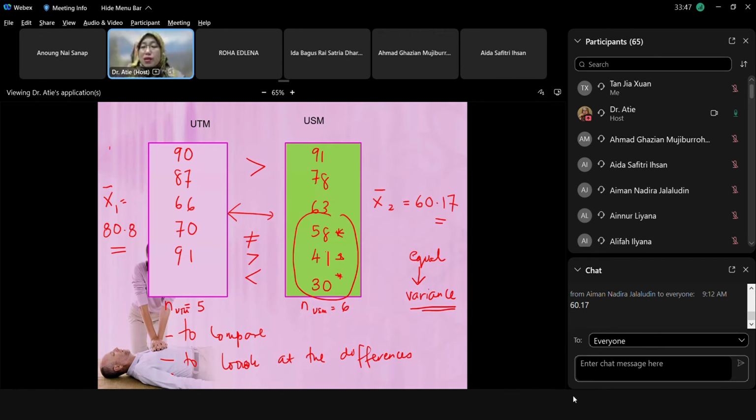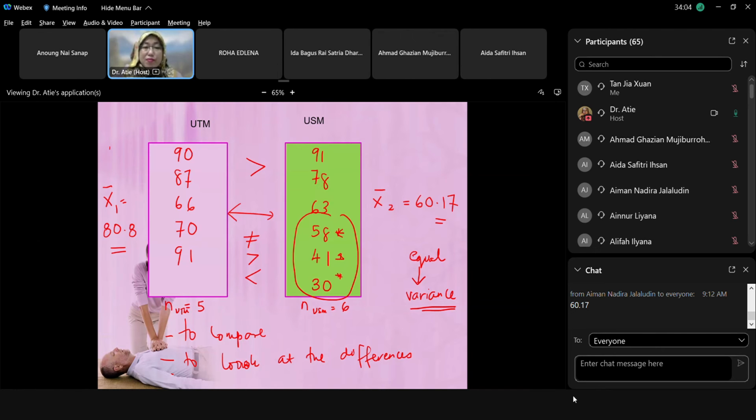So the next one, I want you to find the mean for all of them, right? Just add 90 plus 87 plus and so on until 30, and you divide by 11. Can you get the answer for me?